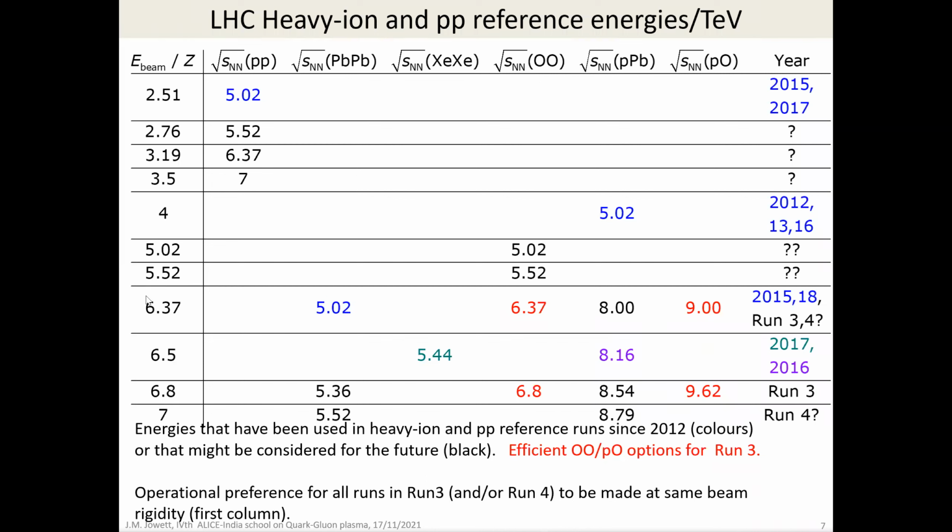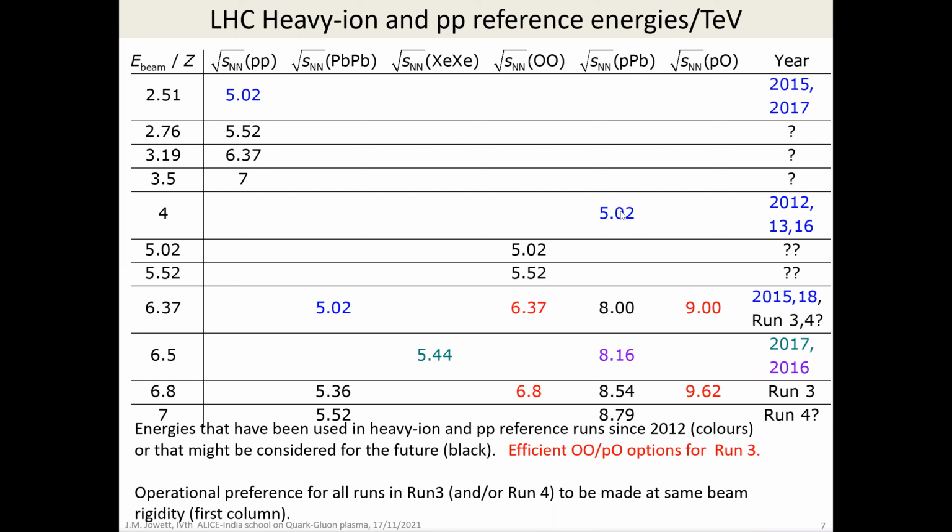In 2015, it became possible to operate protons at 6.5 TeV, but we pointed out that it would be useful for heavy ion physics purposes to reduce the energy a little bit to 6.37 TeV proton equivalent, because this was a small loss in total energy, but it would give exactly the same center of mass energy as the 4 Z TeV operation back in 2013.